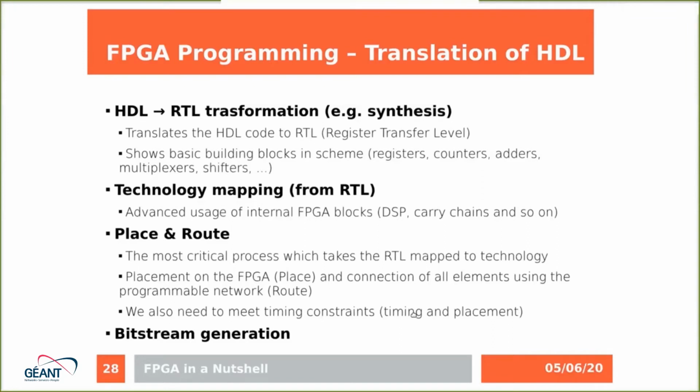If you don't meet the timing, then you need to make some changes in the design. For example, you need to add some pipeline stages to shorten the critical path, and then the timing can be met.